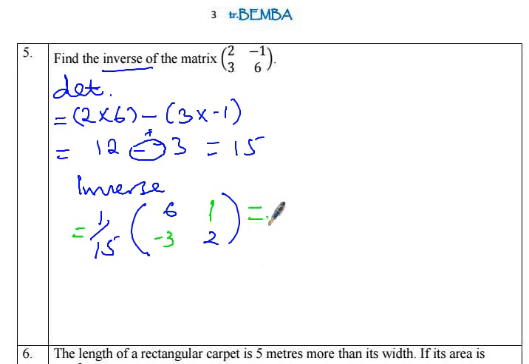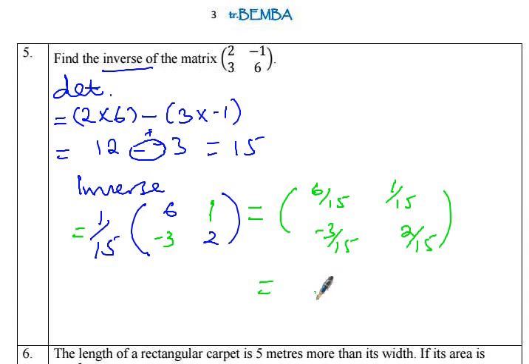And now what is left is to simplify this. We can multiply this by each and every number inside here, so that we have now 6 out of 15. When we multiply this by this, 1 out of 15, minus 3 out of 15, and 2 out of 15. Okay, and that is our answer.